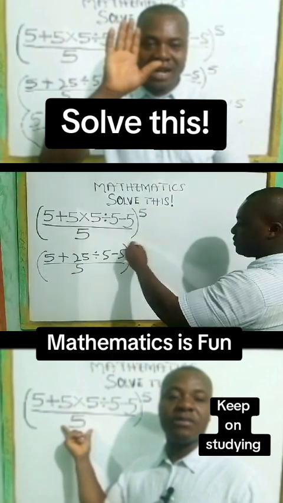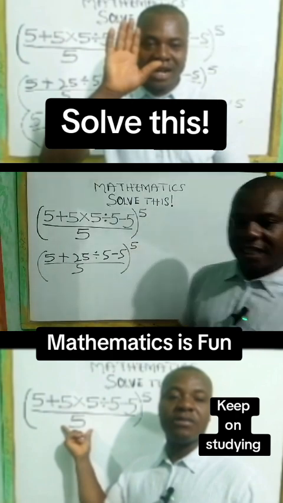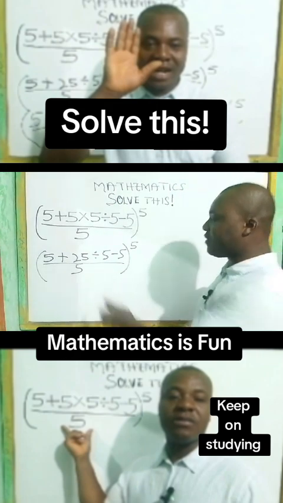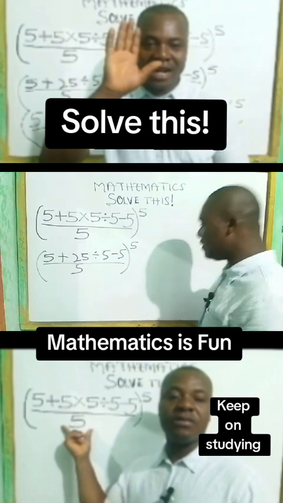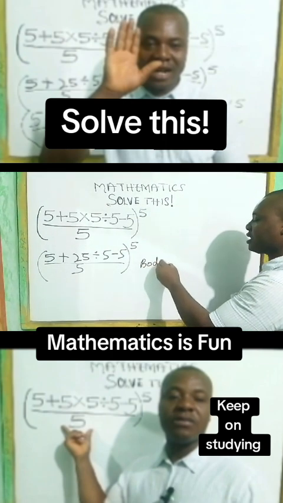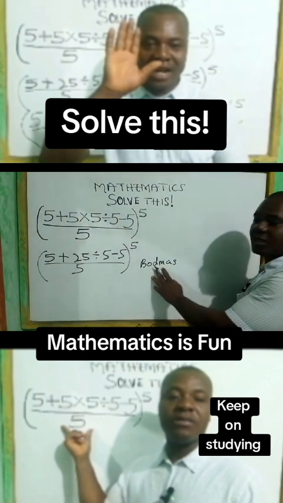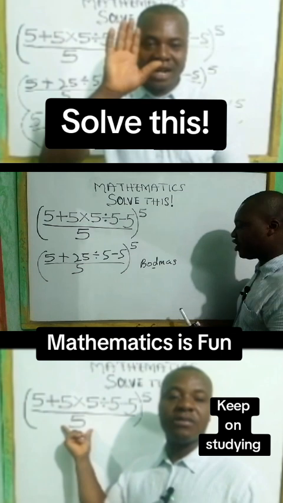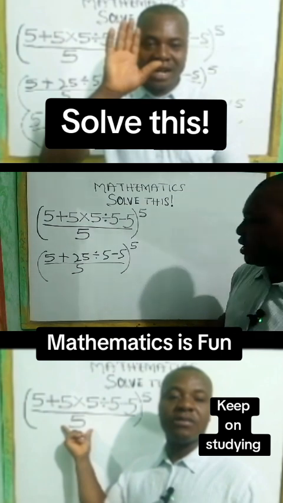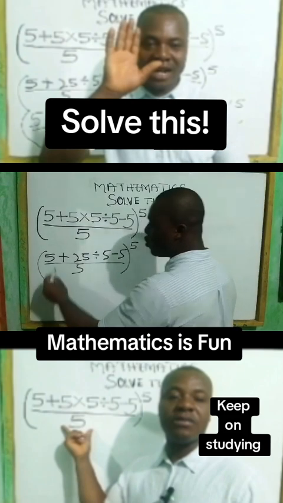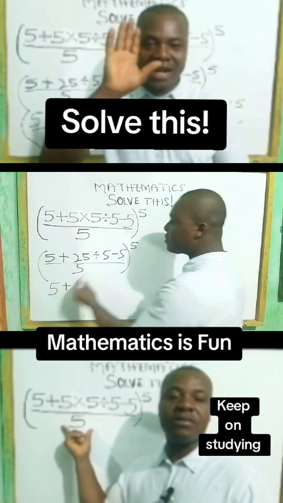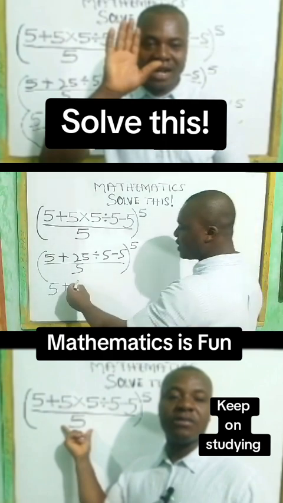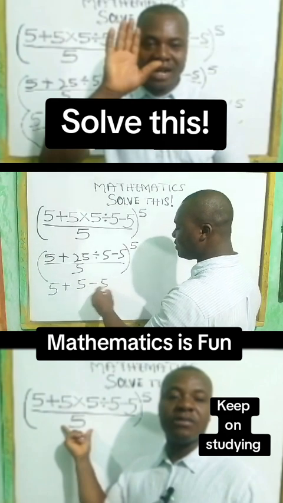Then power 5. Now when you get here, looking at BODMAS, division comes before plus and minus. So now we deal with division. This 5 will remain the same 5 plus 25 divided by 5, which gives us 5, minus 5.